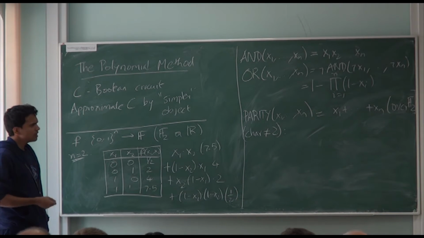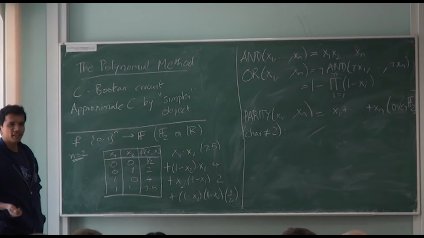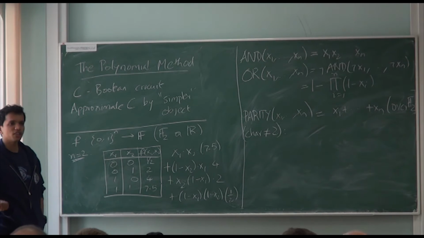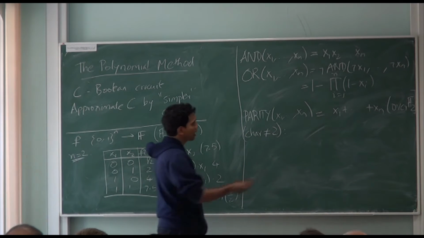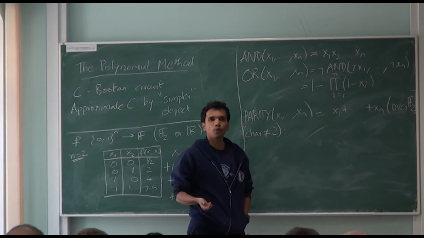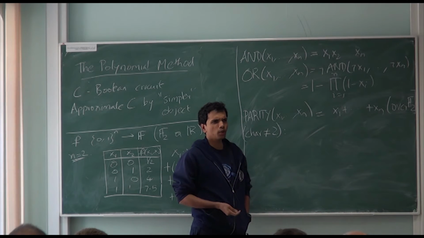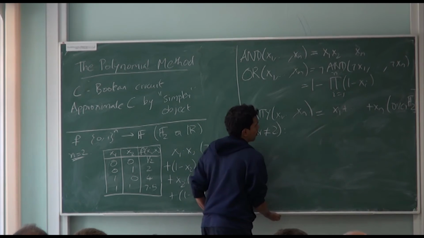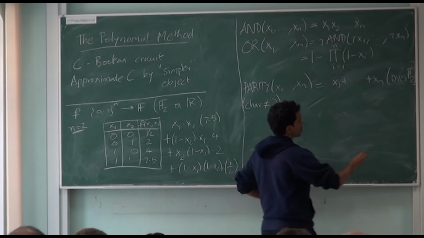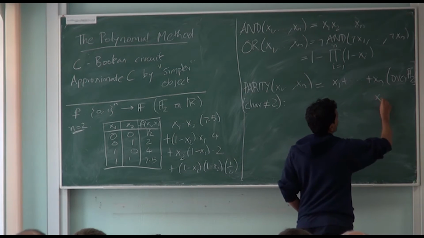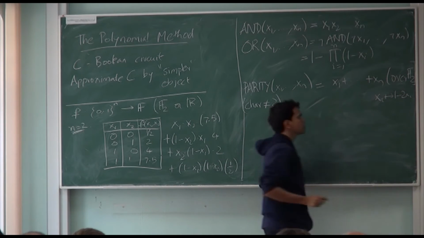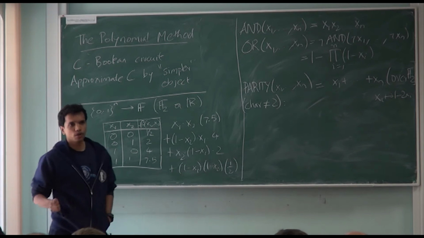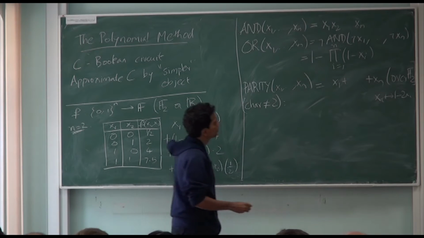In this case, the best way to do it is to transition to the -1, 1 basis and do what Ryan was doing yesterday. So I translate these 0, 1 inputs to -1, 1 inputs. And how do I do that? It's a very simple transformation. We already saw it yesterday. So you send xi to 1 minus 2 times xi. That transforms your 0, 1 input to a -1, 1 input.